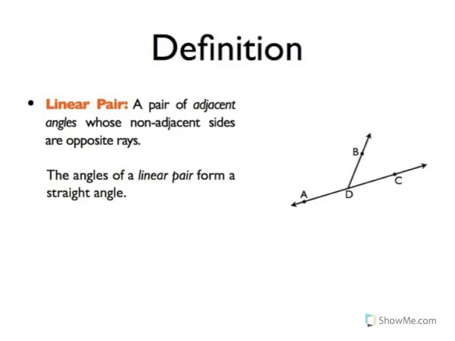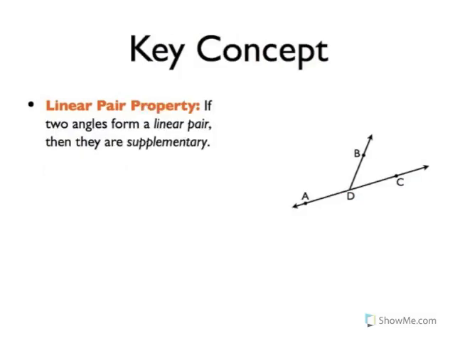In other words, the non-adjacent sides, ray DC and ray DA, form a straight line. And this is our very important property, the linear pair property. It says that if two angles form a linear pair, then they are supplementary.